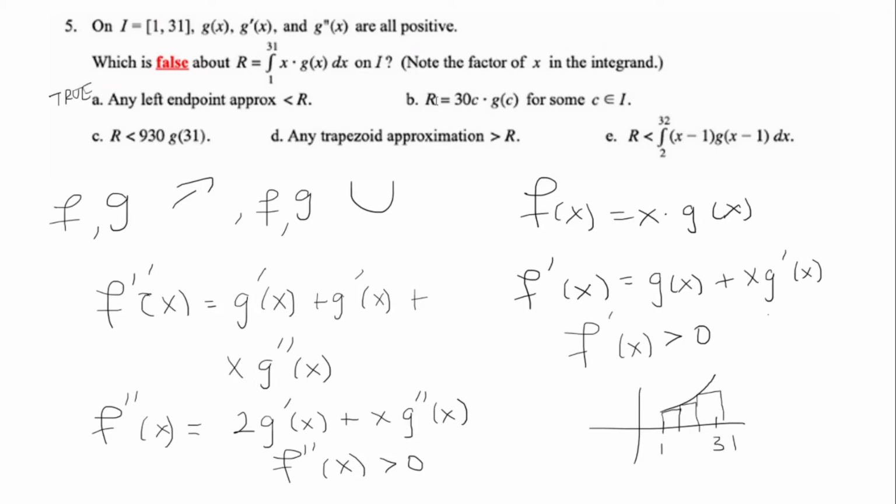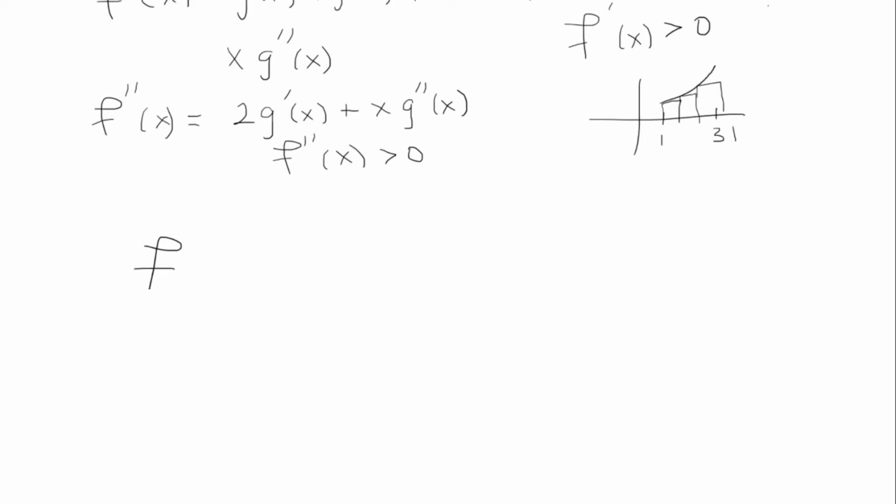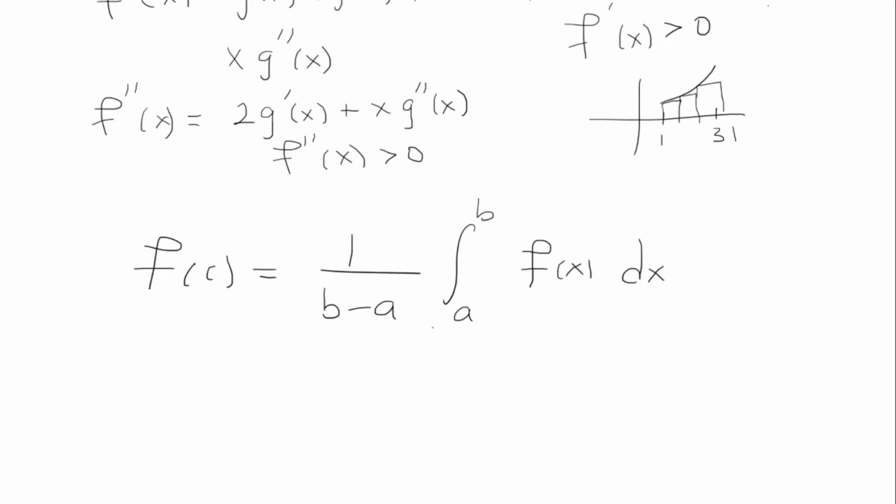Now let's continue with part B. We have R is equal to 30c times g of c for some c in the interval. So for this one, we have to use the average value. So let's say the average value is 1 over the difference of the endpoints, times the integral from a to b of f of x dx.